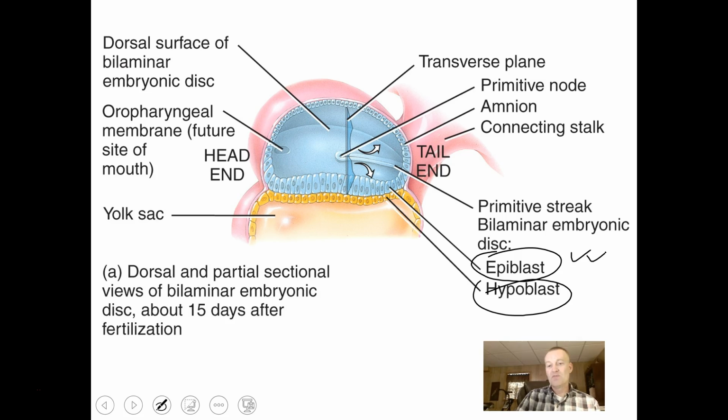In this particular diagram, it's still a bilaminar embryonic disc. Only 2 cell layers can be seen. Okay, and we have the primitive streak there, which is a little groove that forms, and we'll see what that does in just a few minutes. We can see the amnion, the covering that's going to cover around the baby.